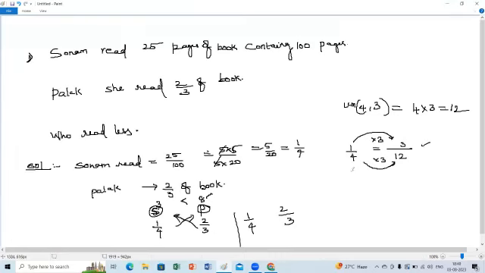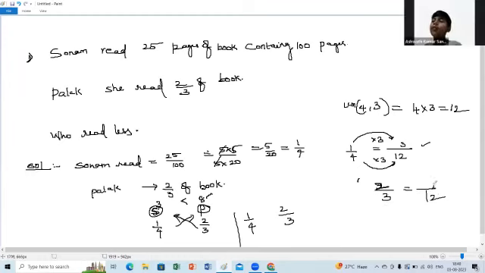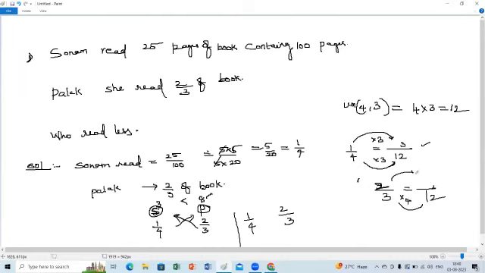What about your second fraction, 2/3? To make it equal to LCM 12, it is 8 by 12, because 3 times 4 is 12, so the same number you multiply on the numerator: 4 twos are 8. Wonderful. This is correct, 8 by 12.